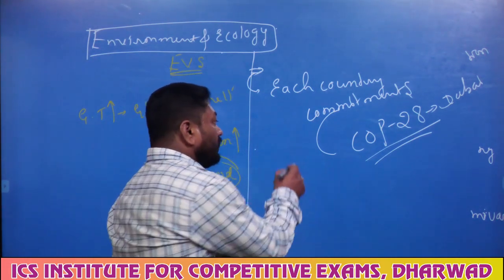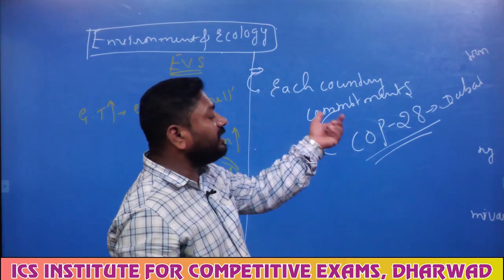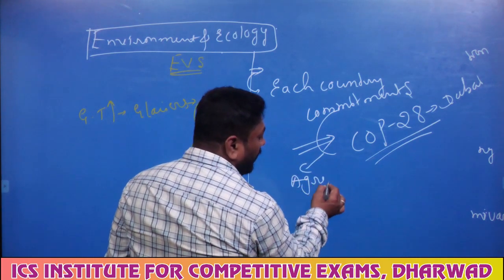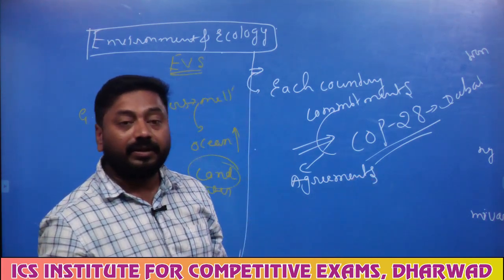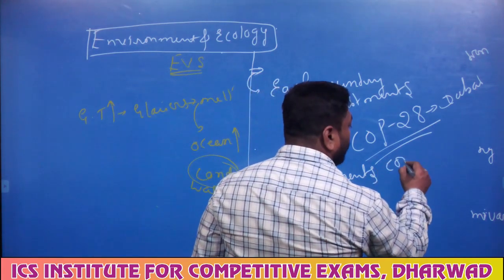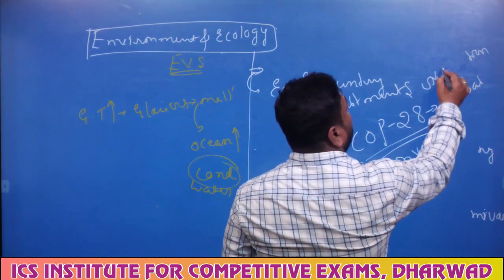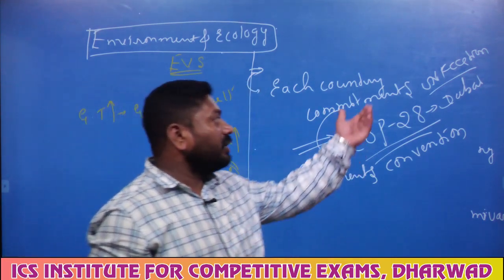And that's why nowadays you can see that most of the questions are asking about each country's commitment. Sometimes you might have seen agreements. I'll take an example: agreements means we have the Paris Agreement. Sometimes we have a word called convention. Just an example, UNFCCC. Don't worry, once you learn this topic, you will definitely understand the abbreviation, okay?